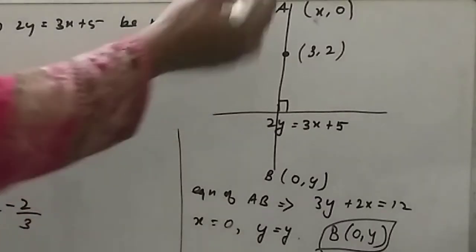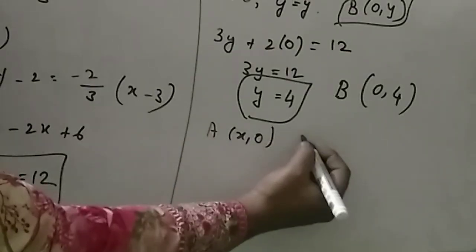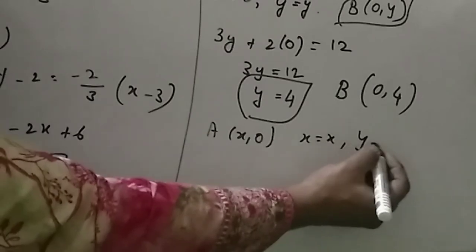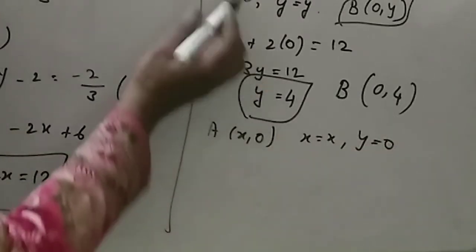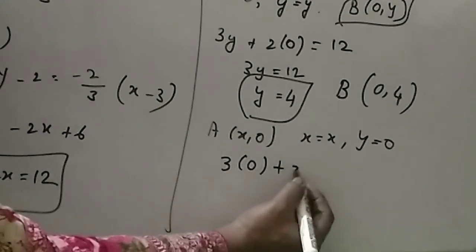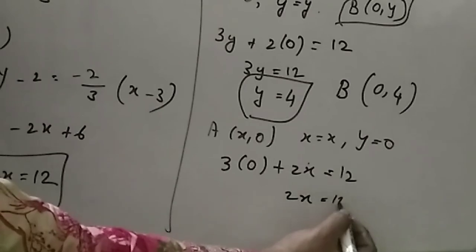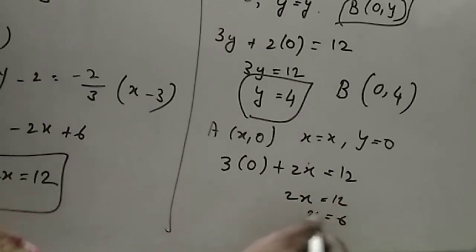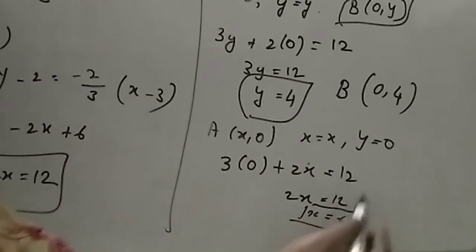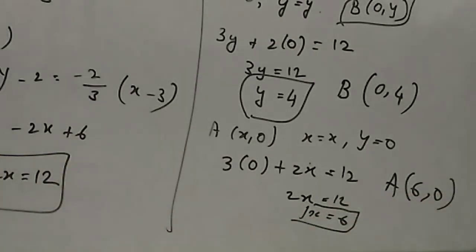Same way, find A. A is x and 0, so y is equal to 0. Put the values in the equation: 3 into 0 plus 2x is equal to 12. 2x is equal to 12, x is equal to 6. So A is 6 and 0.